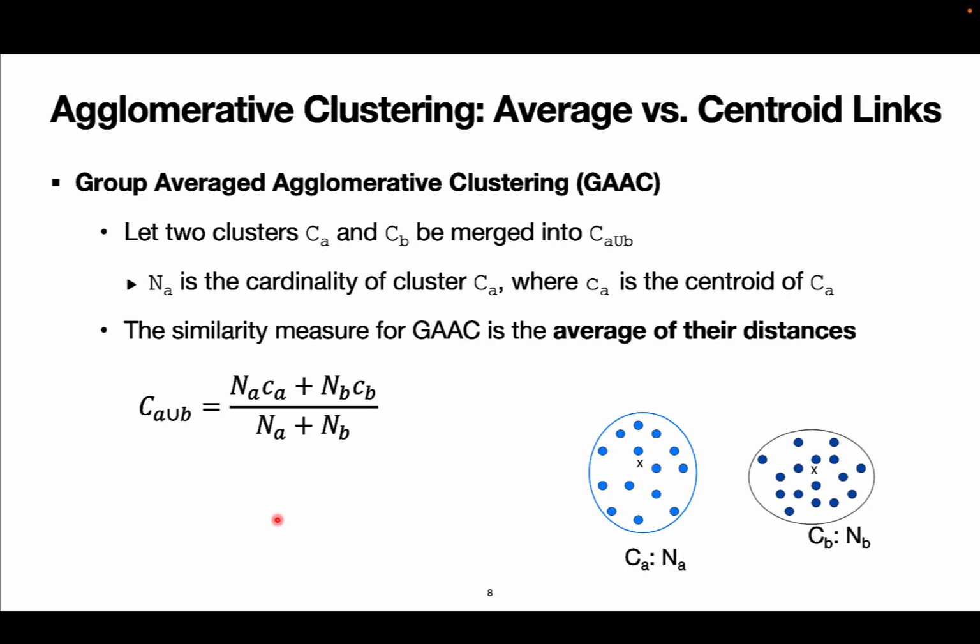The group averaged agglomerative clustering extends this idea. Suppose we merge two clusters, cluster A and cluster B, into one cluster.